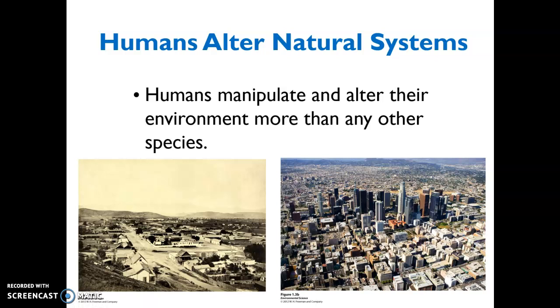So, this is something we will talk about in lecture, but I would like you to take a few minutes to consider how humans have manipulated and altered the environment here compared with what it was. So to give you an example, let's say the paved streets or paving over a great deal of the area here. What impact might that have had on the ecosystem or the environment here?